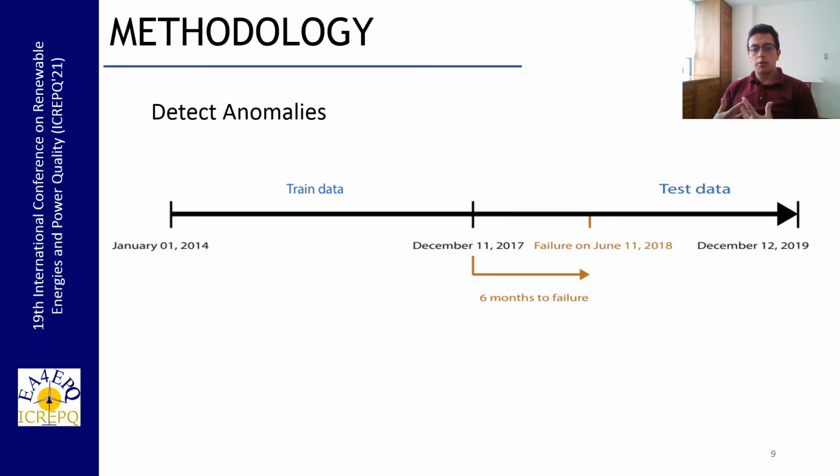So our methodology uses only the training data to identify what the normal, healthy behavior is, and with this information, the algorithm is used to identify a failure in the test data and also identify the normal data, the normal behavior.